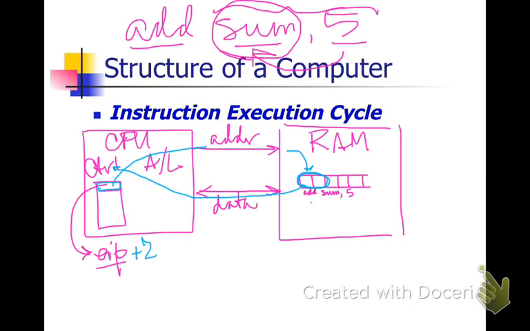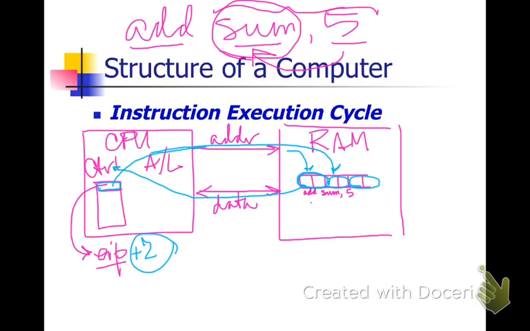So I have to take what is in EIP, put it back on the address bus, go back. Now I'm going to go here because EIP got incremented after the last time. I do this for a couple of reads and get the destination. I bring that back to the control unit.